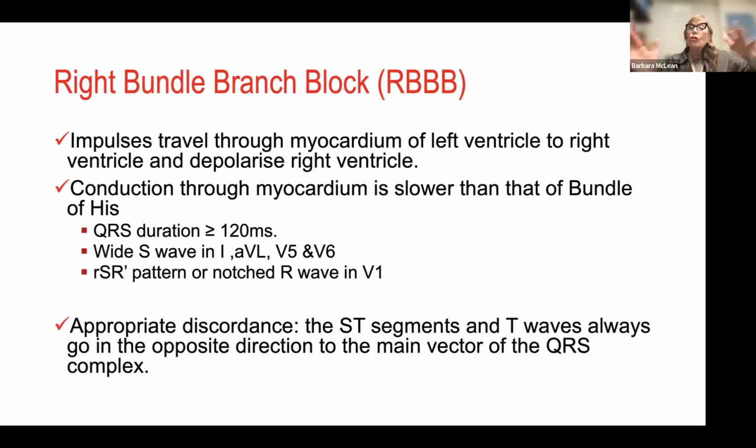That means the major current is now shifted to my right, so your left, my right, shifting to the right, taking longer than 3 boxes, 120 milliseconds. On my right-sided leads, I'm going to see that direction is going to the right.